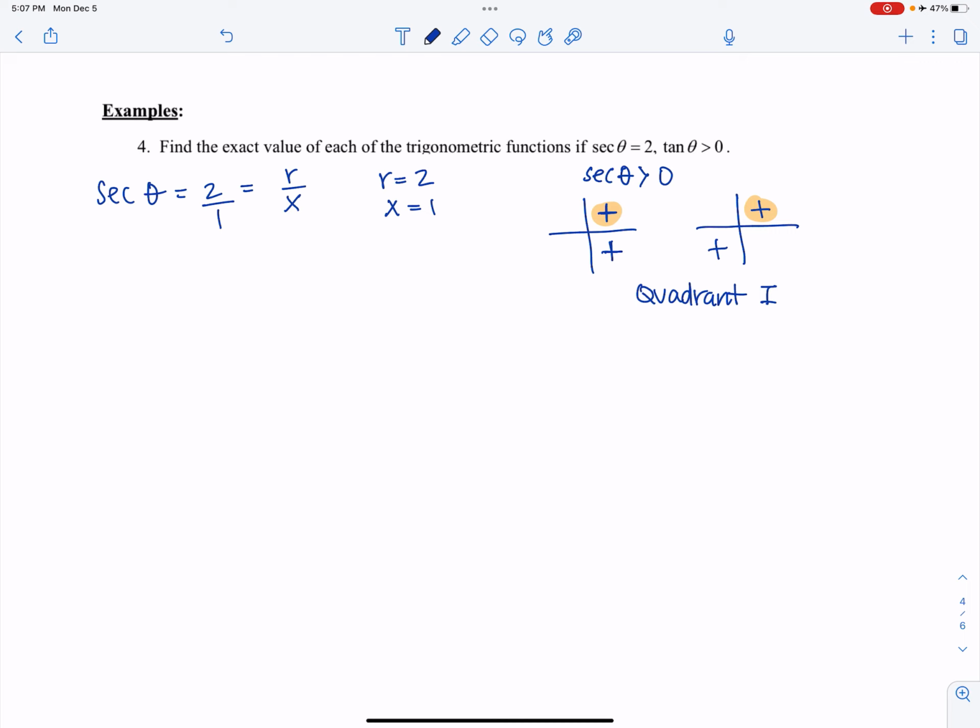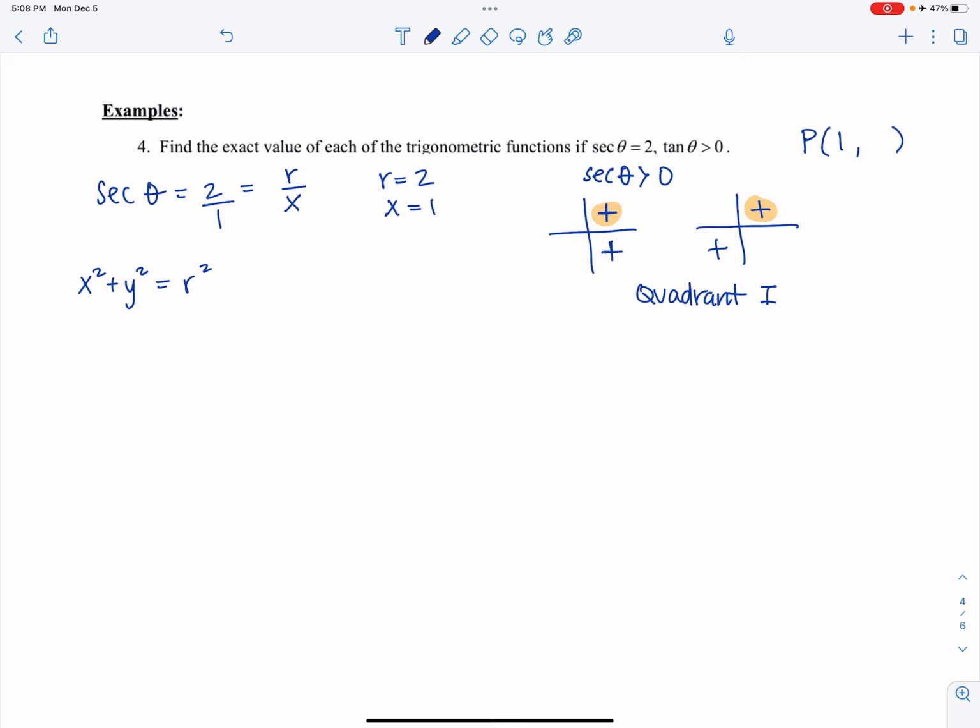So, the last missing piece is finding y, because remember, some point on this unit circle is what we're looking at. So we have 1 and something else, what our y value is. So let's find our y value. Well, we know from the unit circle and also from triangles that x squared plus y squared gives us our r squared.